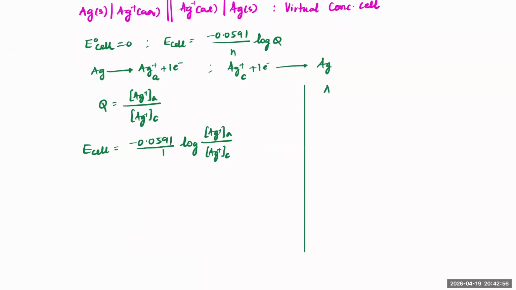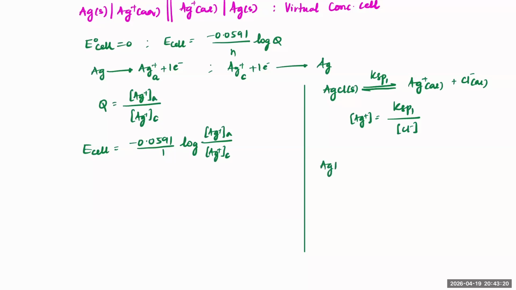We know that AgCl, being sparingly soluble, will be in equilibrium with Ag+ and Cl-, and that will have a Ksp, let's say Ksp1 here. So from here I can write the Ag+ concentration will be equal to Ksp1 upon the Cl- concentration.